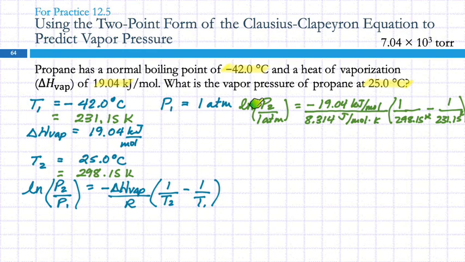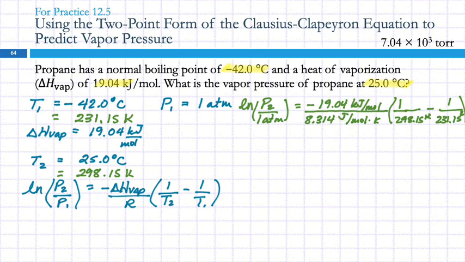So you can plug this whole mess into the calculator's number solver and just put an X here for P2, and it'll find the number for you. One thing that we have to be careful with, and this is why we should always include our units, this is units of kilojoules, and this is units of joules. And those units need to agree with each other so they'll cancel out.